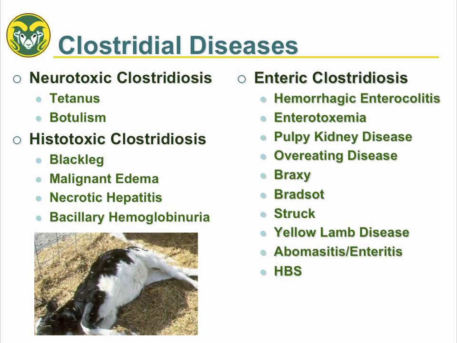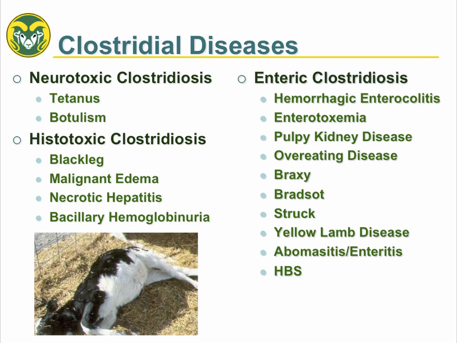I've listed here all these various names that are used for the enteric clostridiosis diseases. Unfortunately, a lot of this goes with the history of how these diseases were described, both in the United States as well as in Europe and other countries.